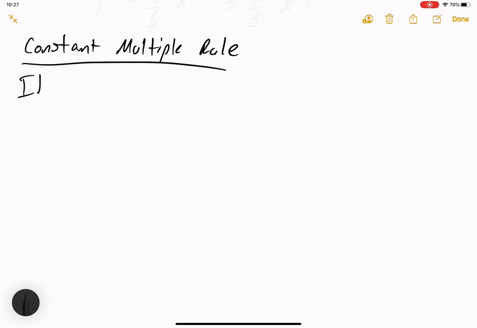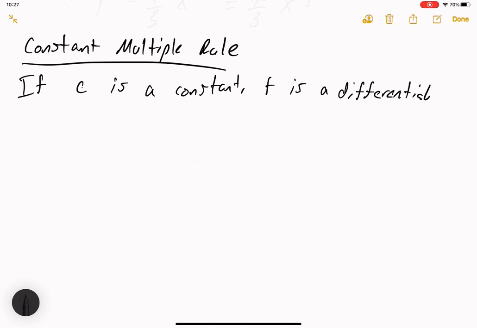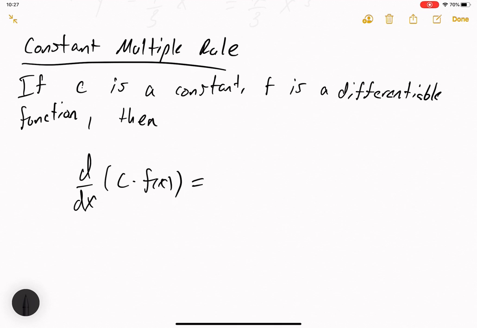So if c is a constant and f is a differentiable function, then we have d of dx of c times f of x is equal to c times d of dx of f of x.